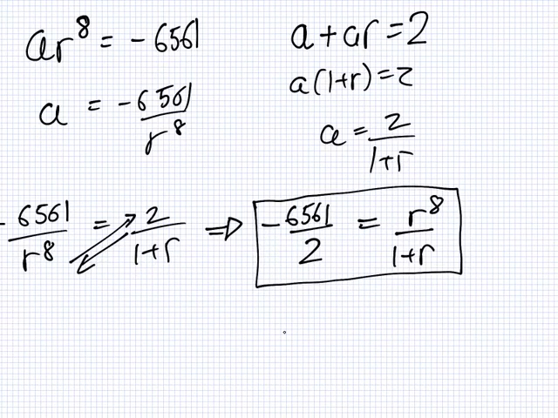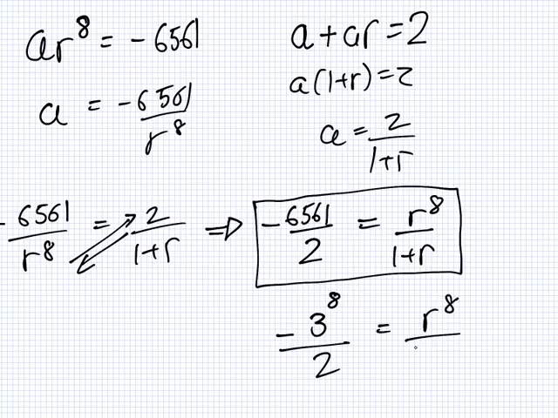This here, minus 6561, I can change that into minus 3 power 8 over 1 plus r. And you realise it's almost matching up. If I could match up the left and the right, I could see what the r is.